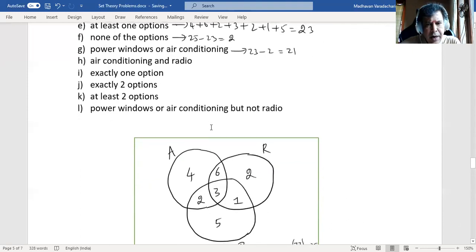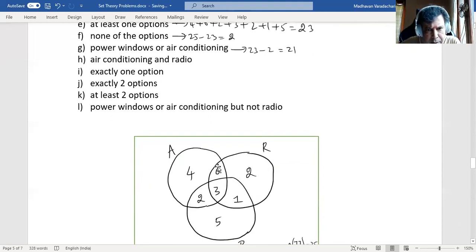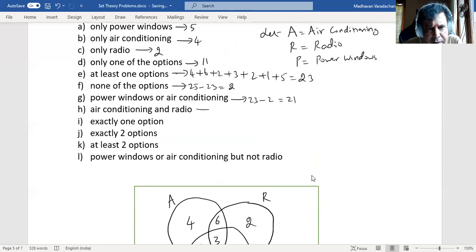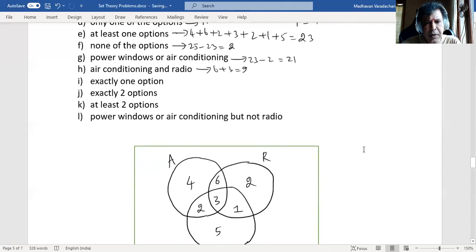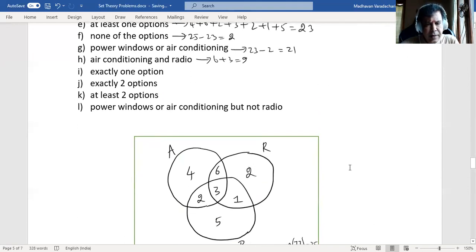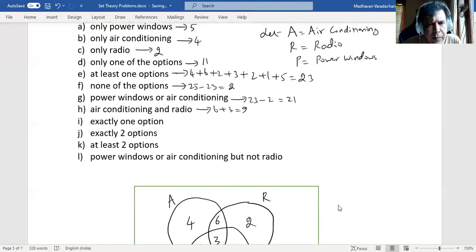Air conditioning and radio, that is this part, 6 and 3. I have to add 6 plus 3, which is 9. Exactly one option means I should choose this 4, 2, and 5, which is 11.